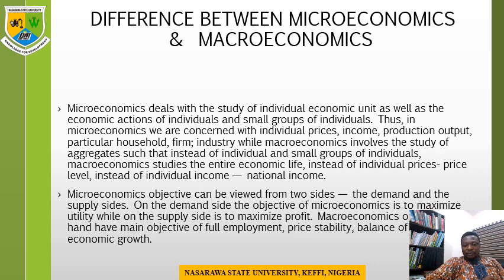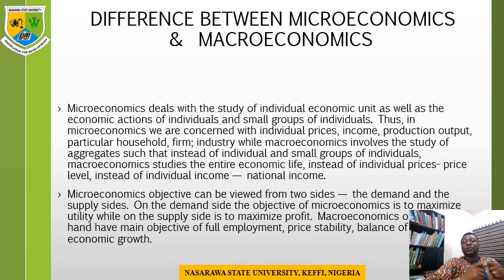Also, microeconomics objective can be viewed from two sides: the demand and the supply sides. On the demand side, the objective of microeconomics is to maximize utility. In other words, every consumer wants to maximize satisfaction.